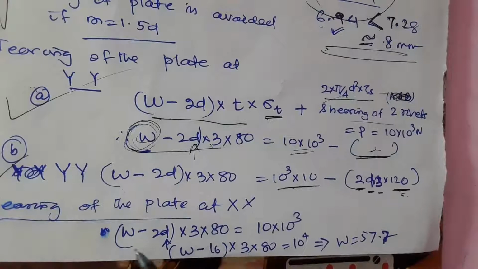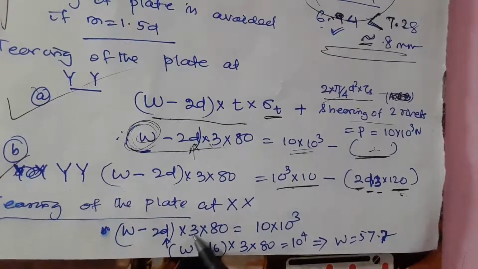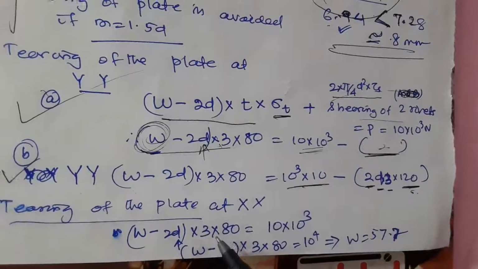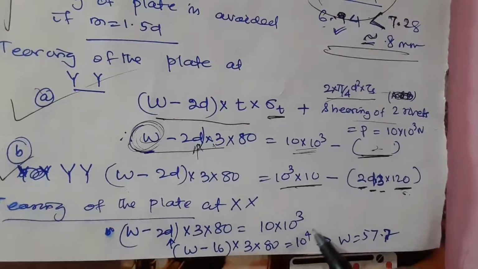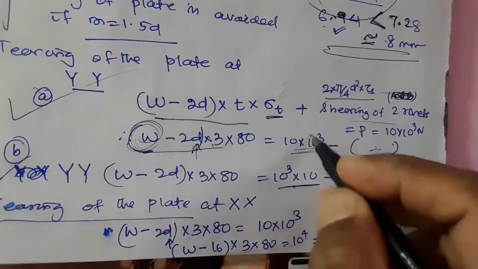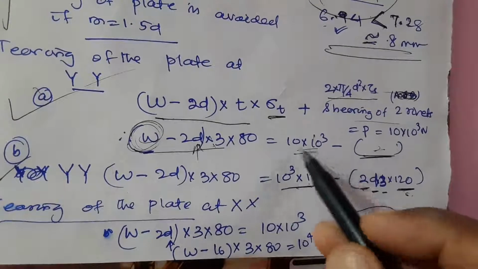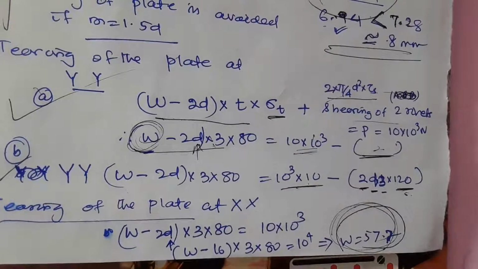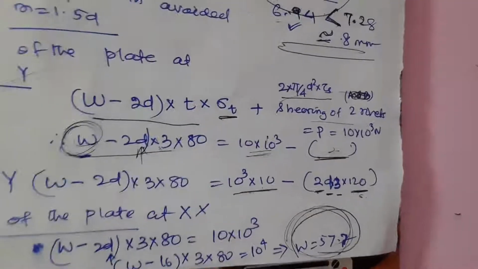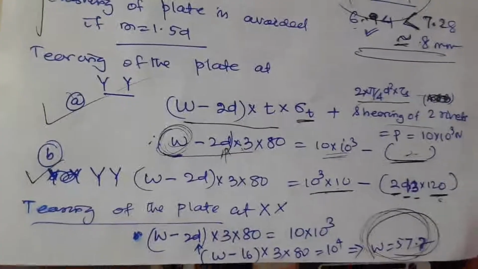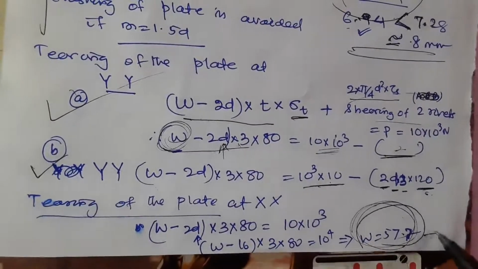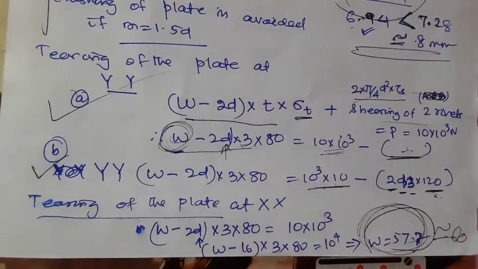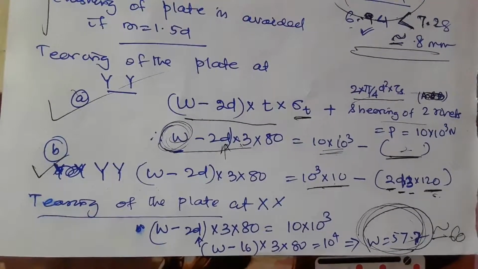W minus 2D is the length, 3 is the thickness, 80 is the tensile strength, and out of these three things, this will be the highest W. So we take it as 60.